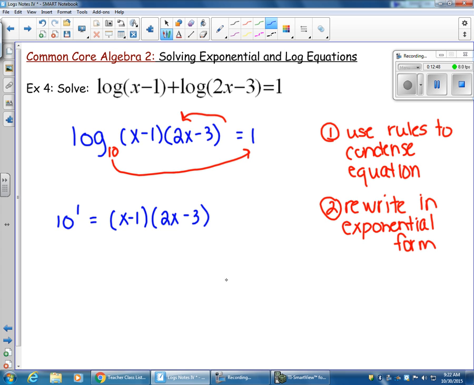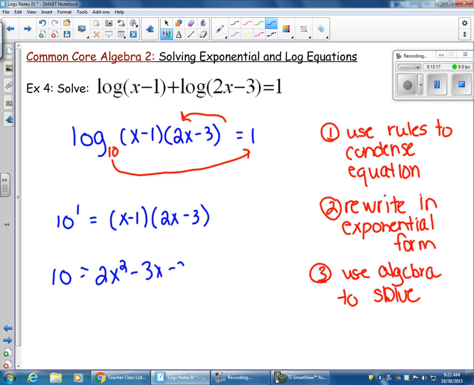Now you're just back to basic algebra, solving an equation. So you're going to use your algebra to solve. So this has to be multiplied, double distribute, or what we call FOIL, right? 2x squared minus 3x minus 2x plus 3.